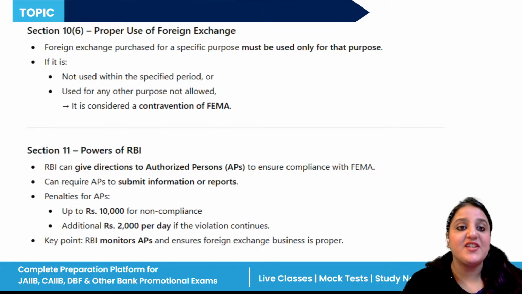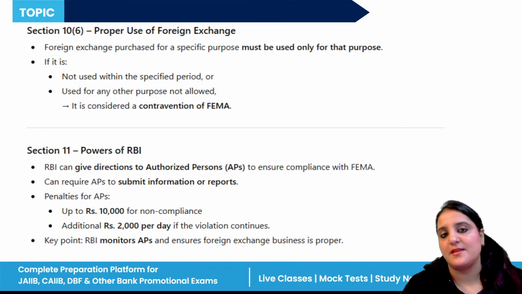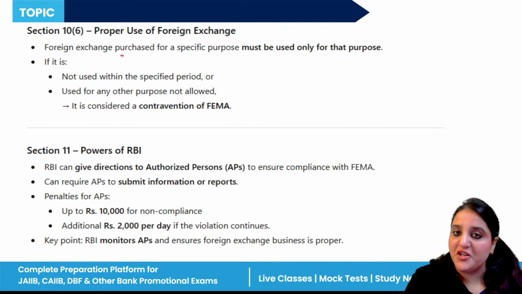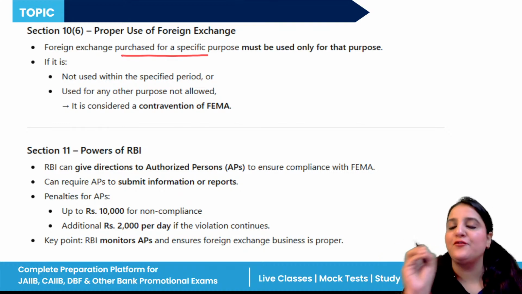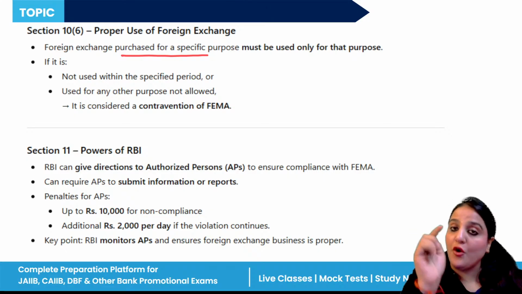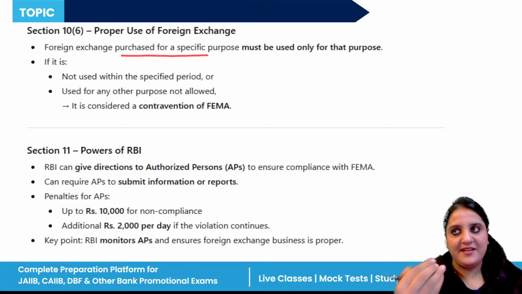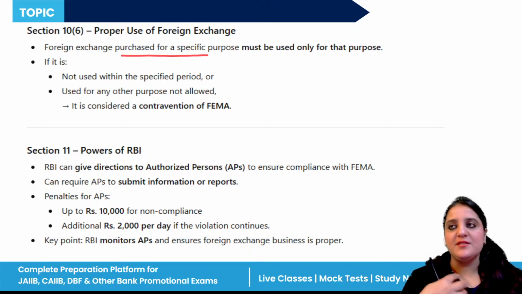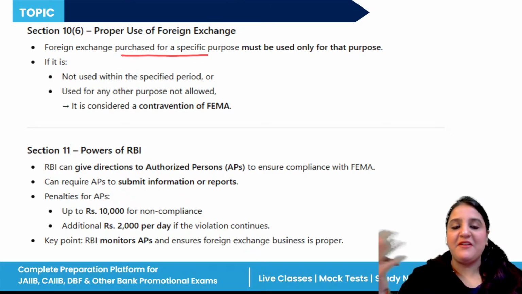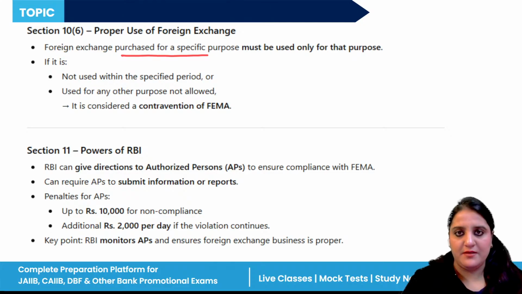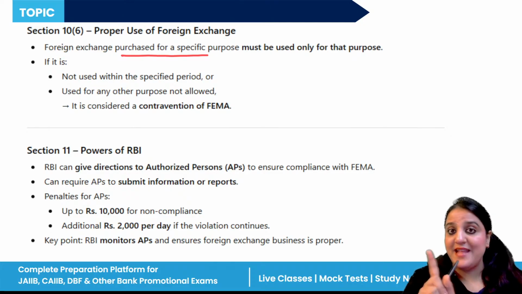Then we have section 10, subsection 6. Foreign exchange purchased for a specific purpose means that the person has to use the foreign exchange only for that purpose. If I purchased foreign exchange just for sending to my family abroad and I invest it in some other place, that is not allowed.